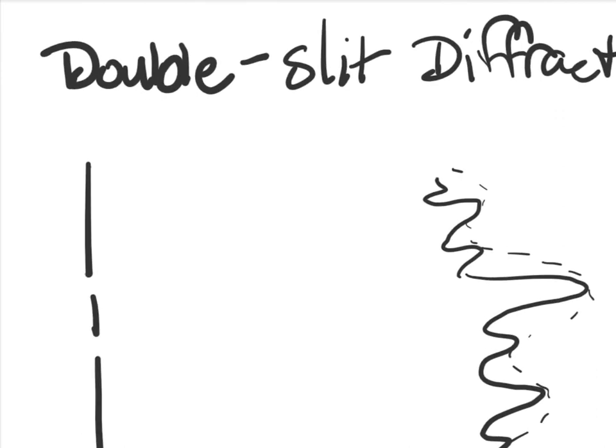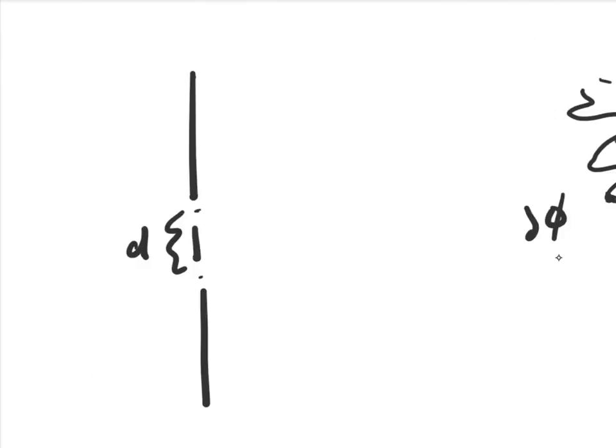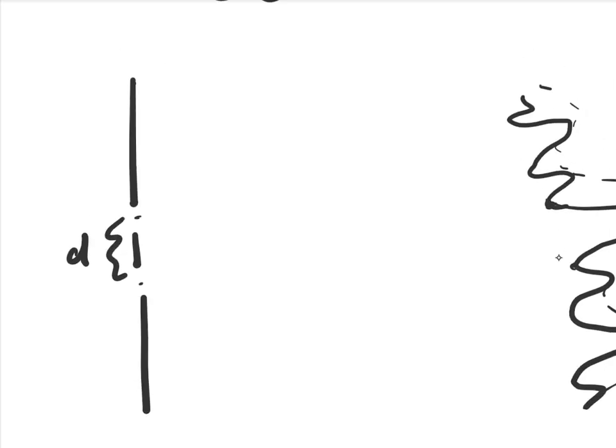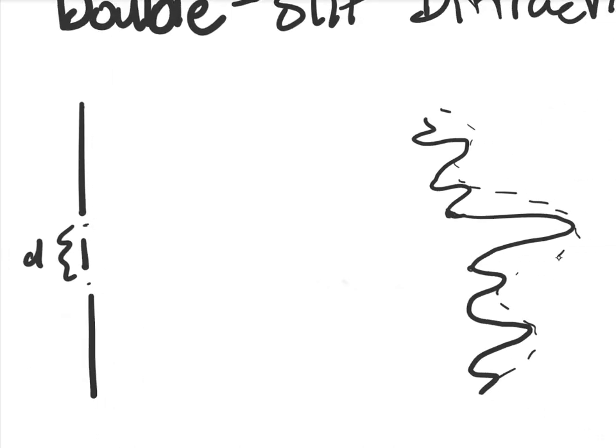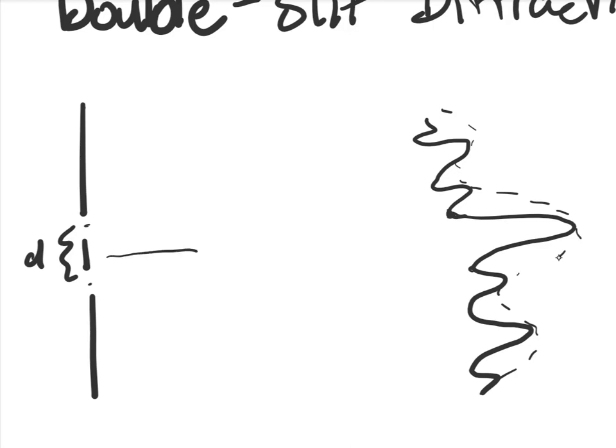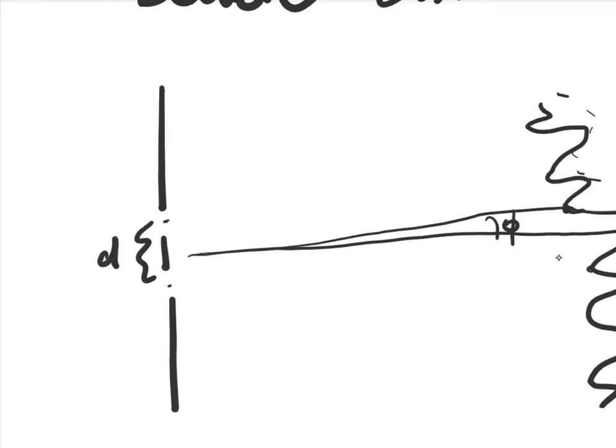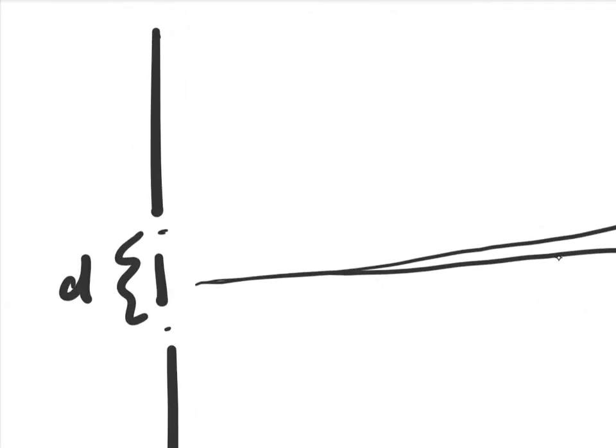Now what we're going to try to determine today is a new angle. We want the angle between the highest intensity point and the first null. This is basically the beam width for that central diffractive blob.